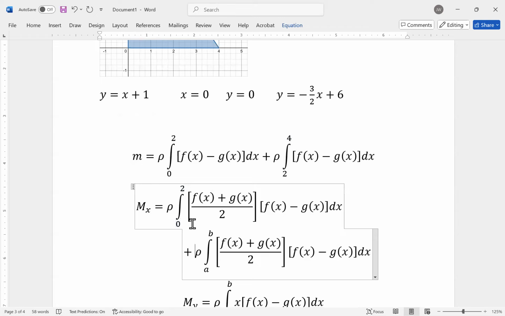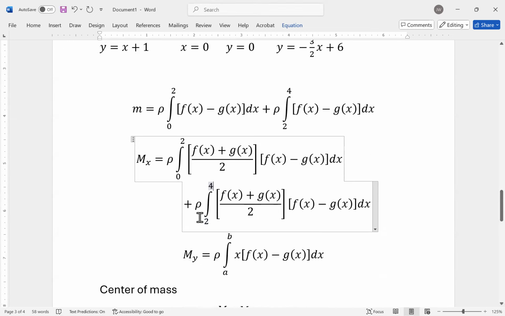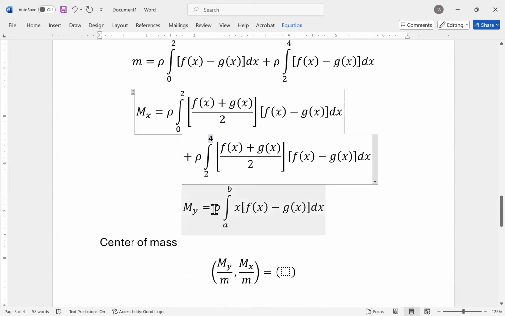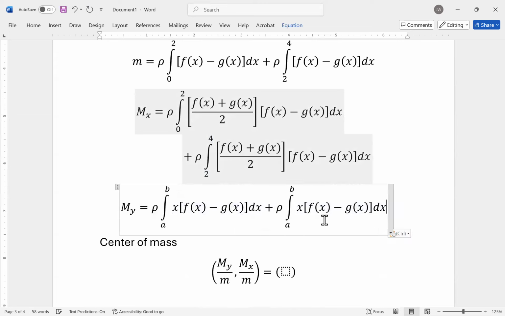One where we're integrating from 0 to 2, and one where we're integrating from 2 to 4. And then we'll do that the same way with the moment from the y-axis. I know there's a lot of stuff here, but the basic concept should be fairly obvious. We're integrating from 0 to 2, and then we're integrating from 2 to 4.